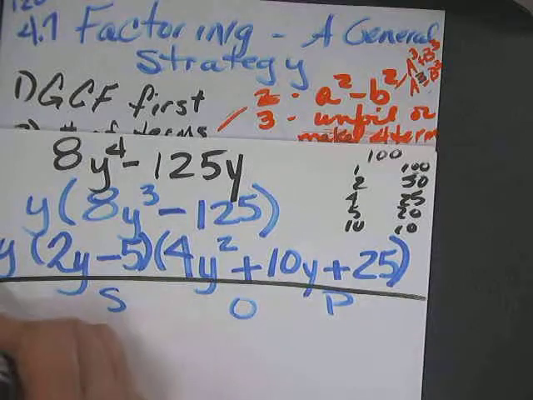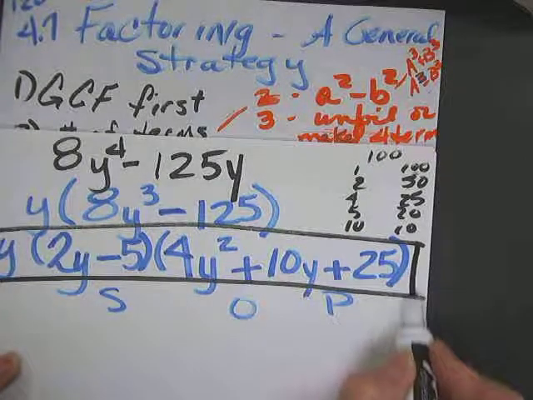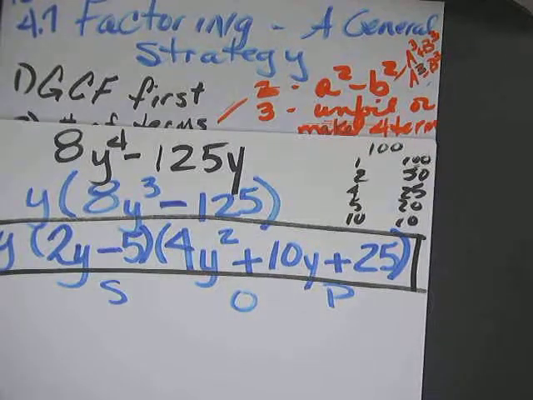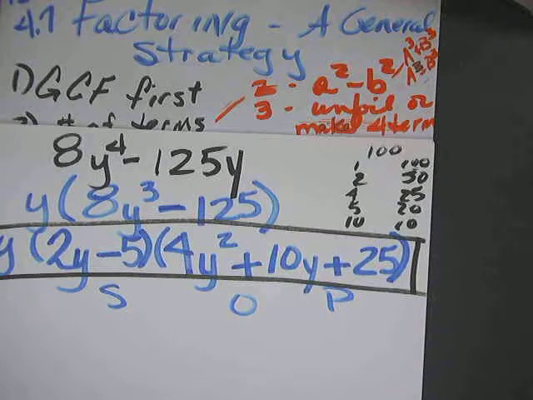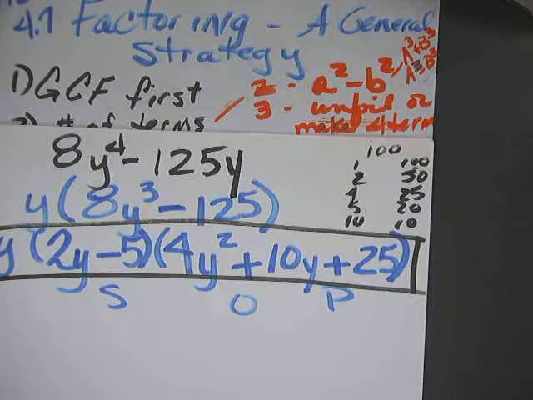Let's kind of look at it just to make sure. 100, we've got 1 times 100, 2 times 50, 4 times 25, 5 times 20, 10 times 10. Okay, that's as far as we can go, right? Is there any of those that will add up to 10? Okay, we're done.